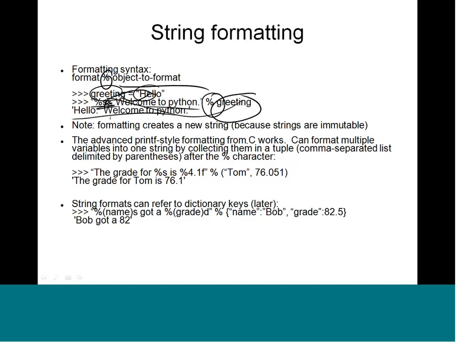So printf style formatting also works. We can format multiple variables into one string by collecting them into a tuple. So basically a comma-separated list delimited by parentheses, after the percent character. Here we say the grade for %s is %4.1f. So here we can see how that will get translated.